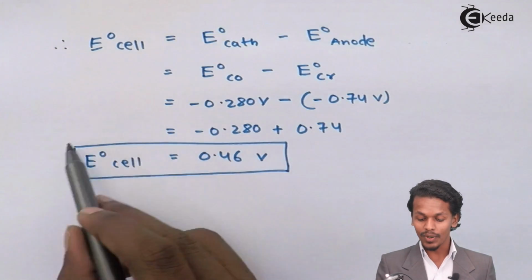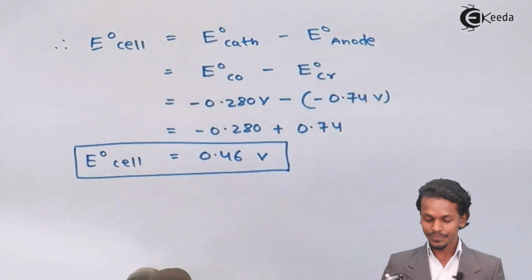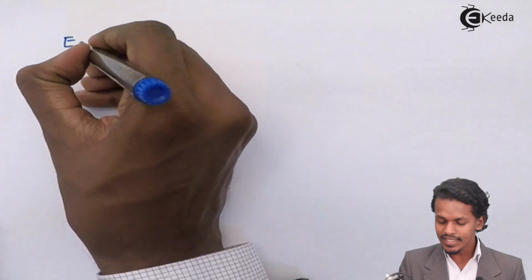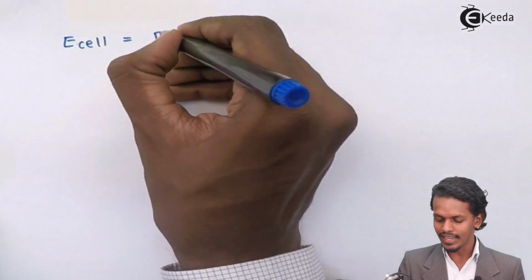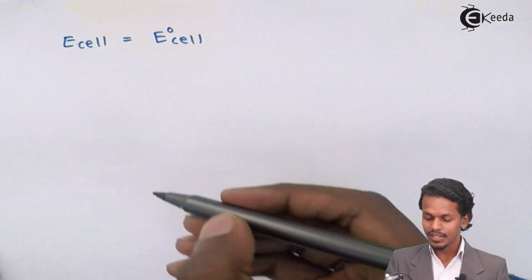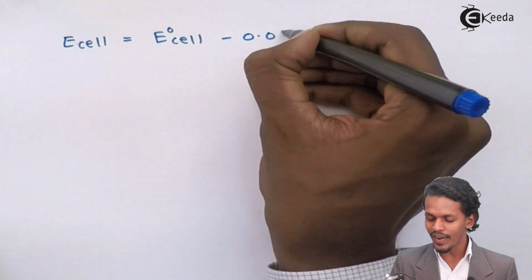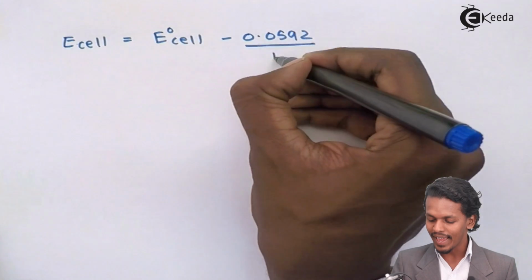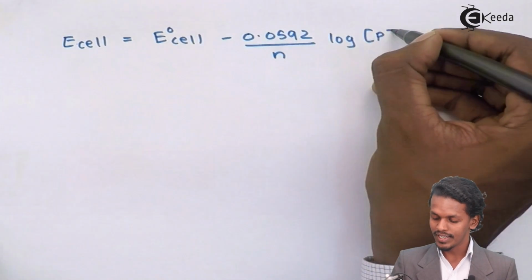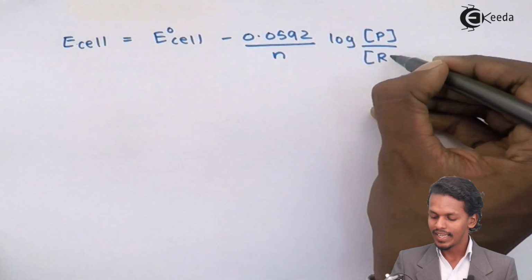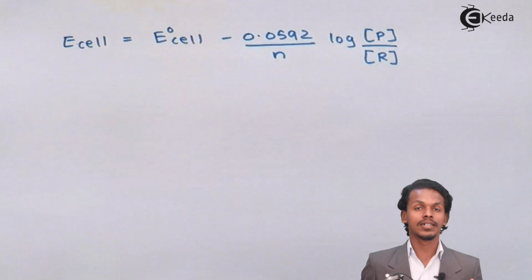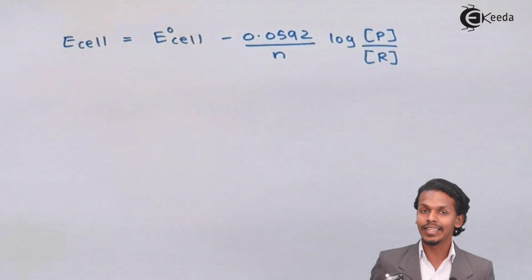Based on this formula, because we know that the relation between E cell and E0 cell is E cell equals E0 cell minus 0.0592 divided by n, log to the base 10 of concentration of product divided by concentration of reactant. And this formula is for the temperature of 25 degrees Celsius.